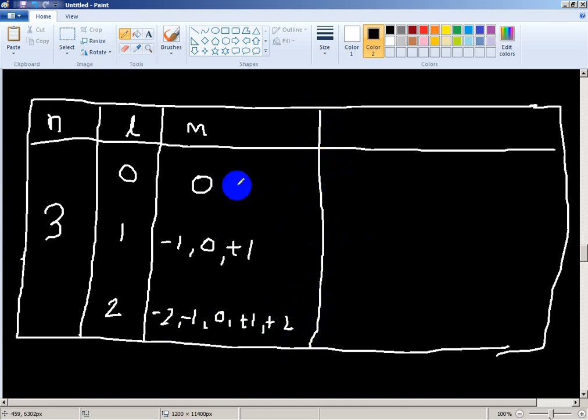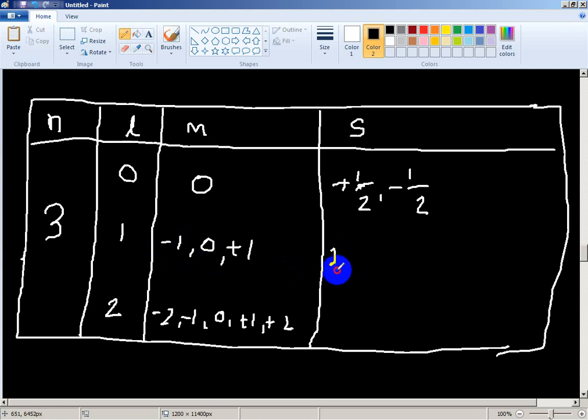We know each orbital contains 2 electrons. This is one orbital, the s orbital. So the s orbital contains 2 electrons, plus half, minus half. For 3 orbitals, each contains 2 electrons, so 6 electrons.